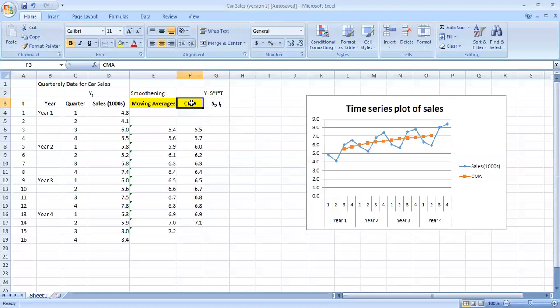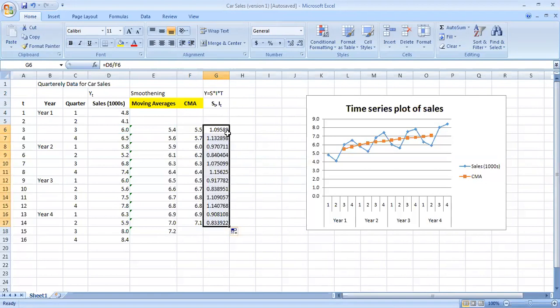The trend we have as centered moving averages here, and the sales values you have here. So in order to come up with ST and IT, you have to divide these values by the corresponding centered moving average. When you divide it, you are getting the seasonality and irregularity components here.